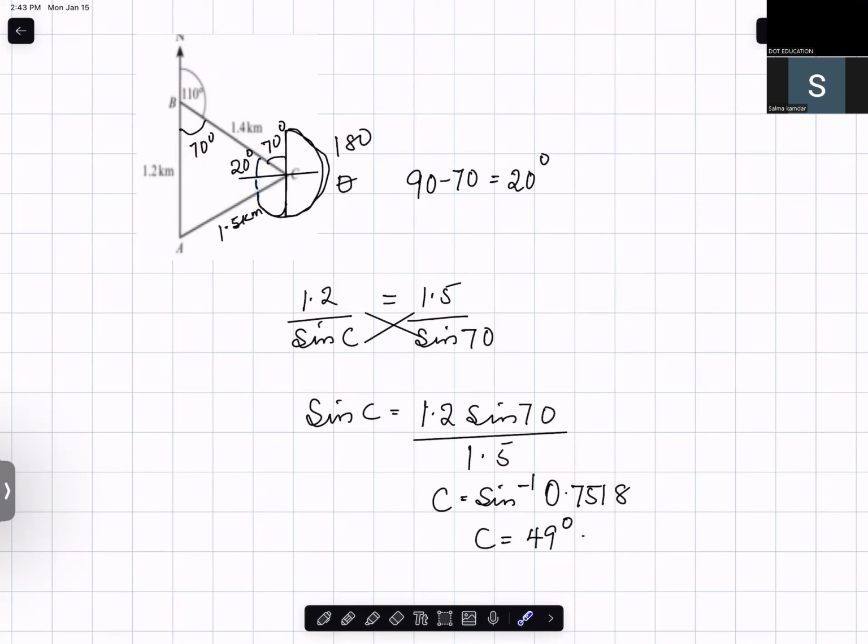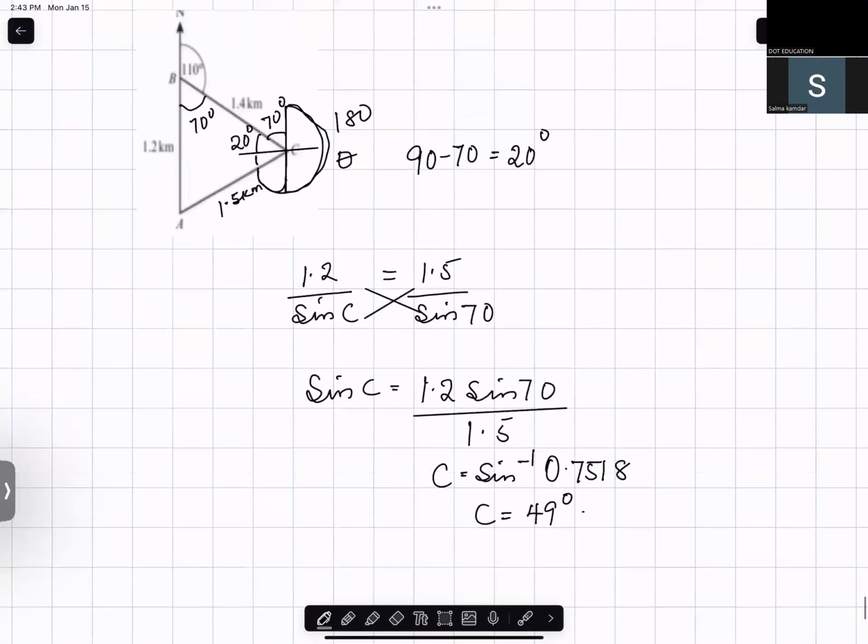So if the total angle at that point is 49, then you look for this angle here. How do we get that angle at that point there? If from here to here is 49, simply that means 49 minus 20. So we have 49 minus 20 degrees will give us 29 degrees.